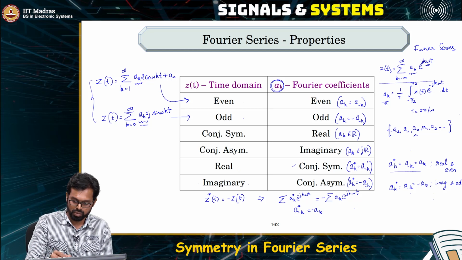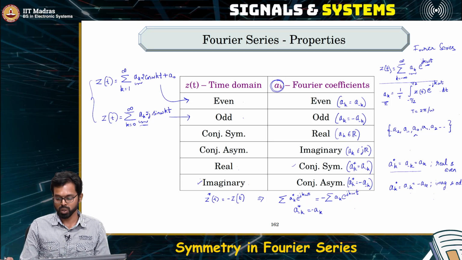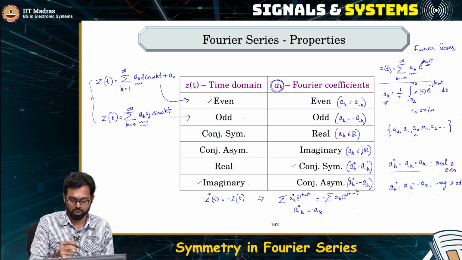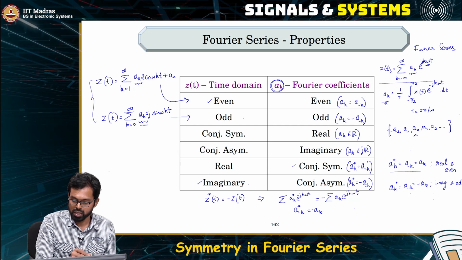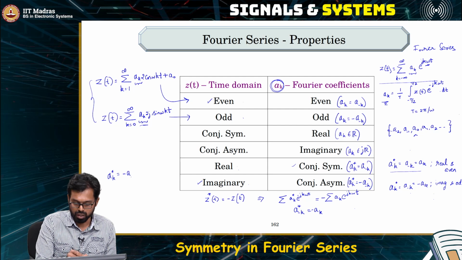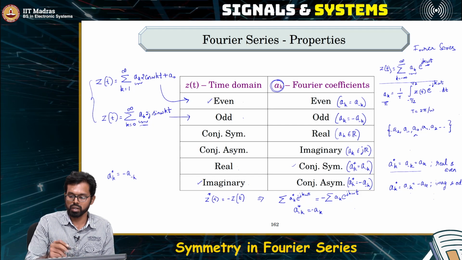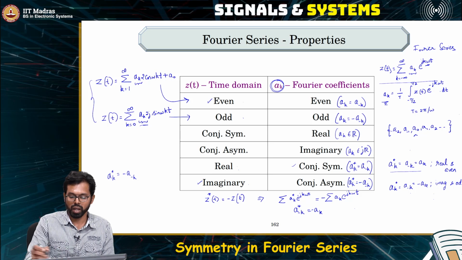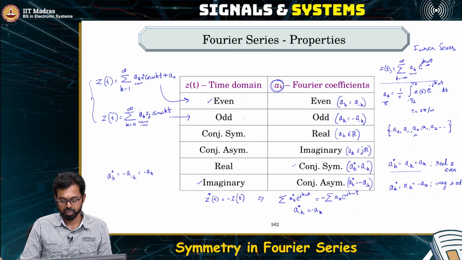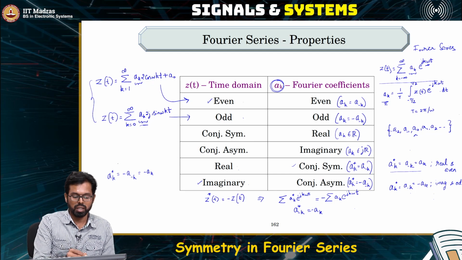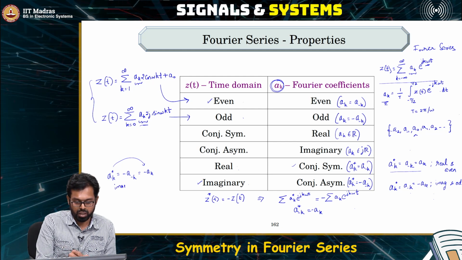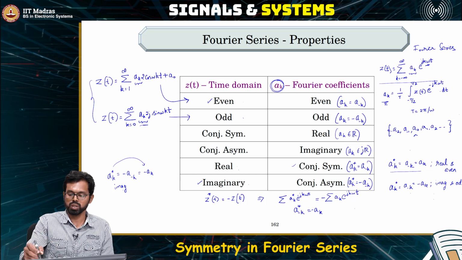Now consider the case where a time domain signal is purely imaginary and even. Combining these two, imaginary implies that ak star is equal to minus ak minus k, and evenness implies that a minus k is equal to ak. So from this property we see that we have a completely imaginary coefficient and it also has to be even.